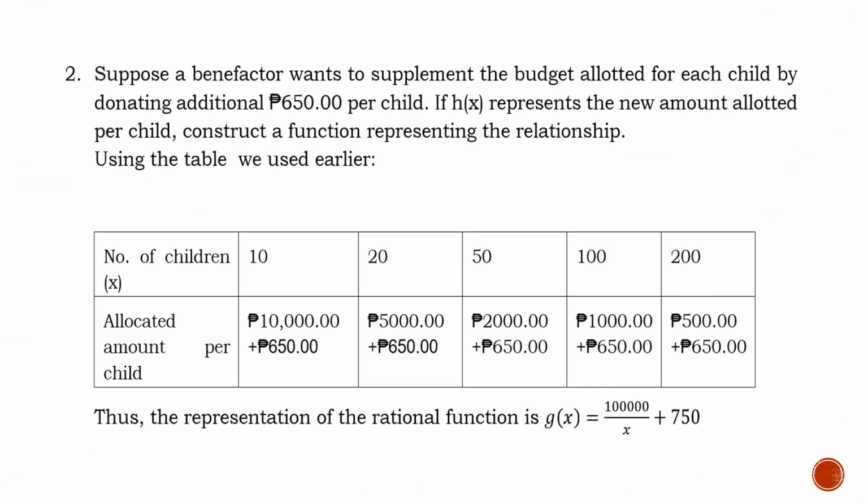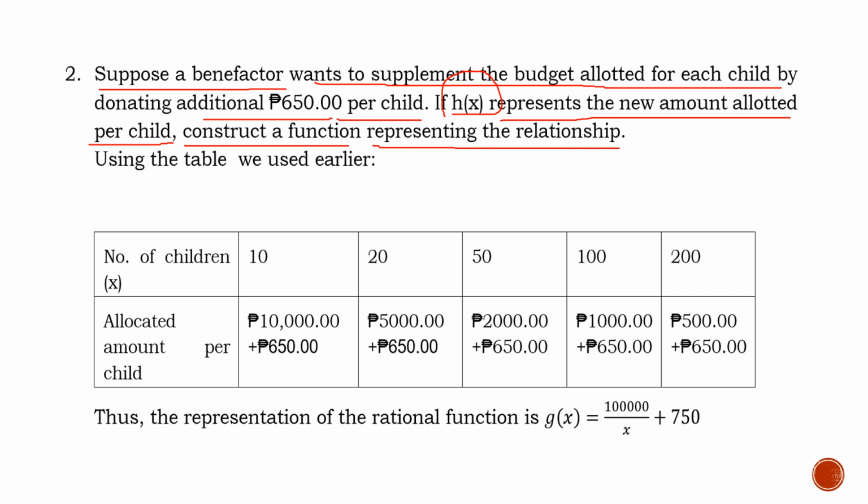For example number 2, suppose a benefactor wants to supplement the budget allocated for each child by donating an additional 650 pesos per child. If we use h of x to represent the new amount allotted per child, construct a function representing the relationship using the table we used earlier.